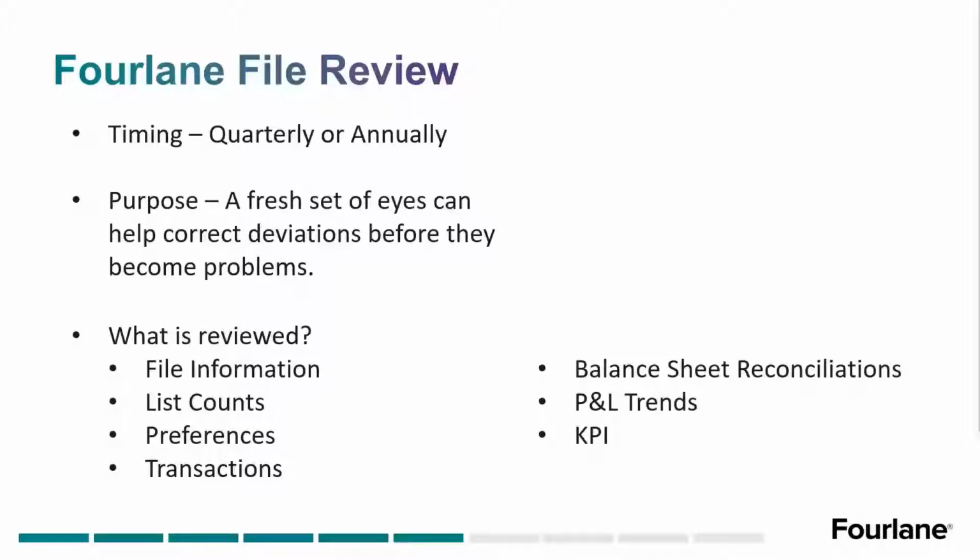Some people have CFOs, controllers, and full accounting staff. So depending on the number of people who are working in the file and doing closes and stuff like that, with fewer people, quarterly is better. The more people, usually we move more towards annually, right? Because you guys are just flowing, actually doing month-end close in a timely manner. And so this is just a second set of eyes.